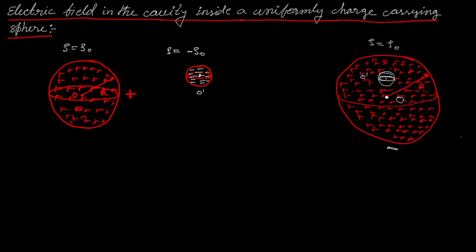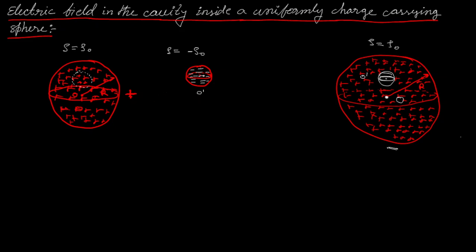Then if we consider only this cavity portion, and superpose these two spheres, what will happen? When we assume there is no cavity, that means in this cavity portion we have already assumed some positive charge of density rho naught.